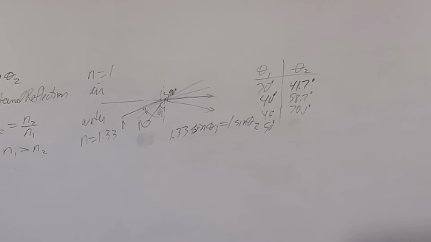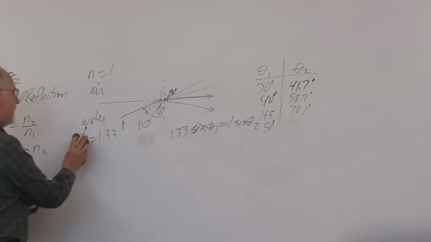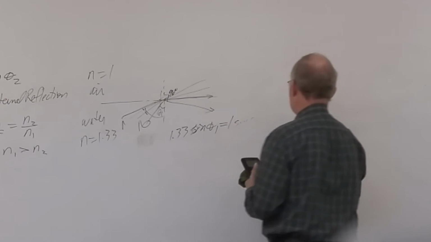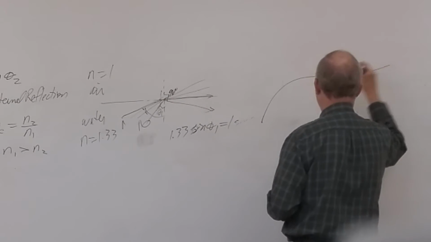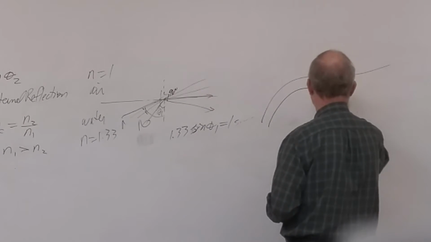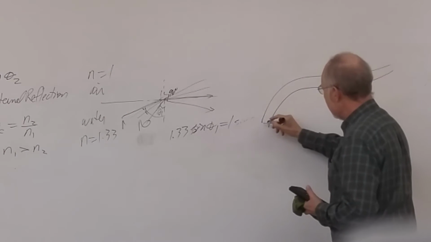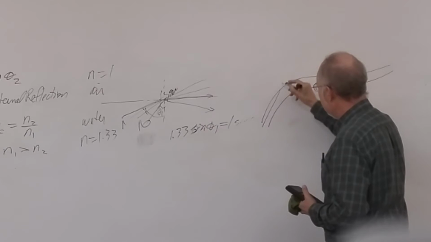That's the whole point in things like fiber optics. That's the way they work, or that's the main thing in them. Here's your fiber, made out of glass, plastic, whatever material. You've got light going through the fiber.